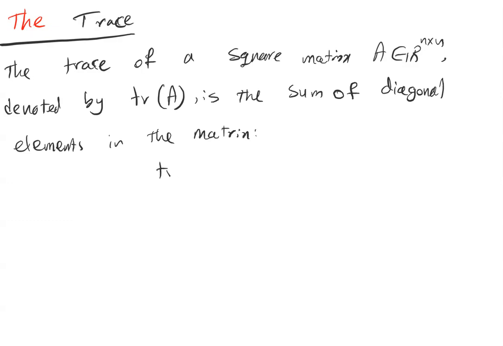In other words, trace of A is equal to sigma i from 1 to n, A sub ii.